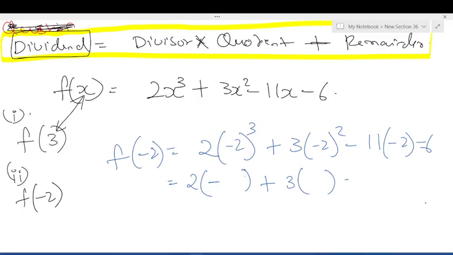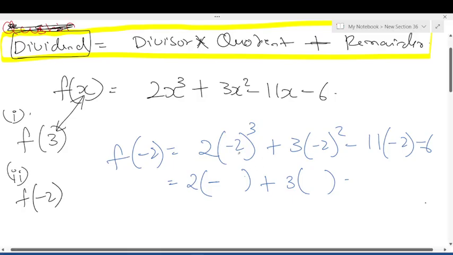Okay, Naomi, tell me the answer for this. What is 2 cube? Minus 8, right? Next. Minus 12, and minus minus 11 becomes plus 22. Next.